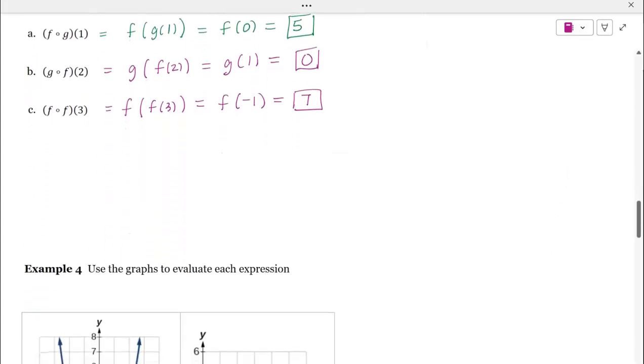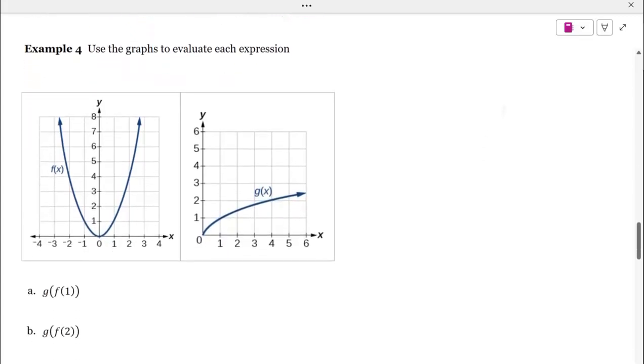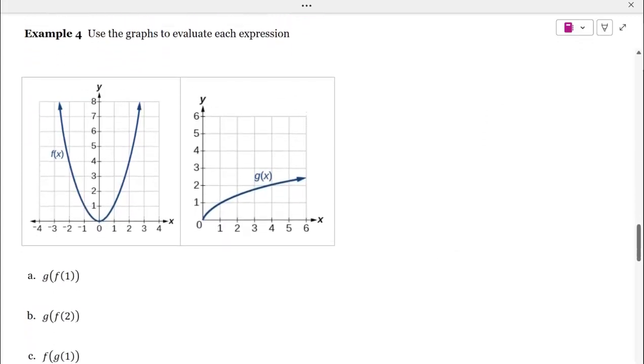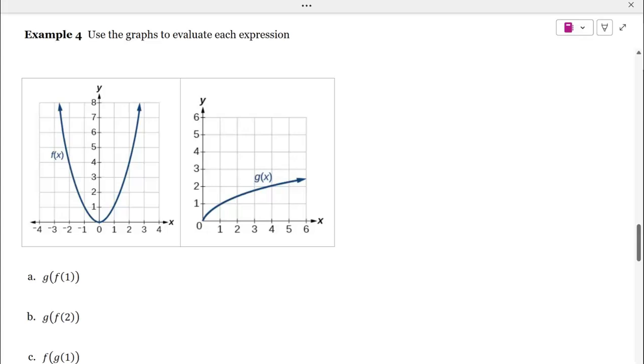Let's do a different set of examples that are related. For these examples, we're instead going to be using a graph. So this would be figuring out what the output looks like if we take one function and plug it into the other. For example A, I'm going to start with the function f, and I want to know when I plug 1 into the function, what is its output value?